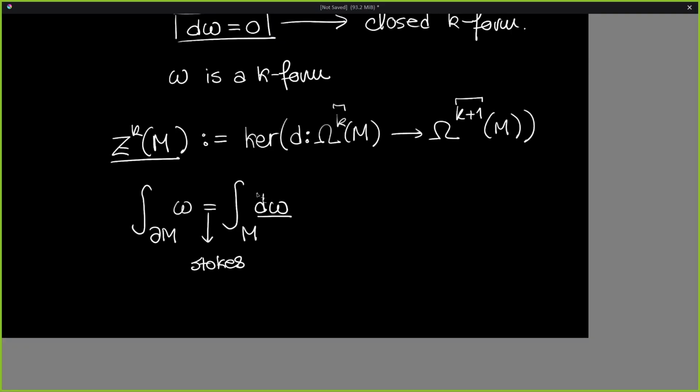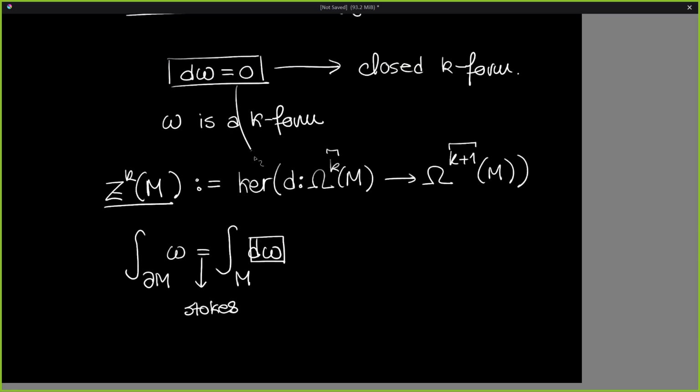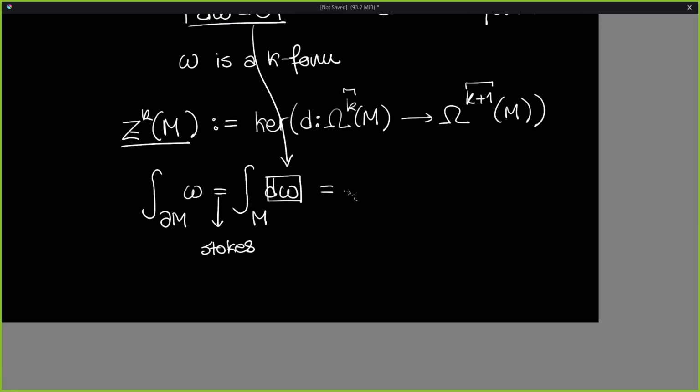But this integrand is 0, so this is equal to 0. So what it tells us is that closed forms will evaluate to 0 on the boundary.